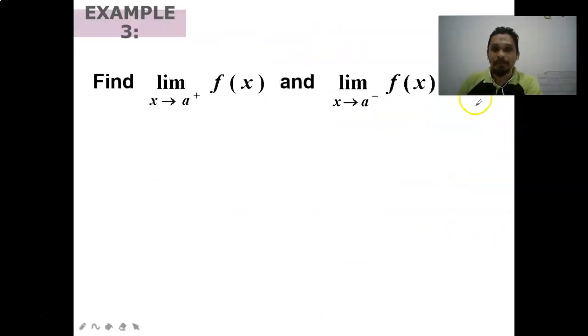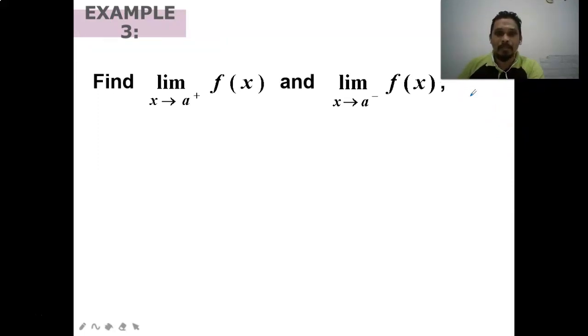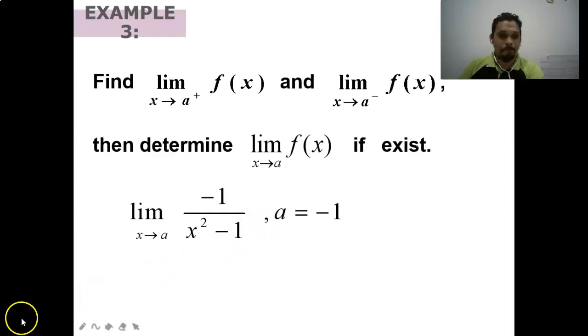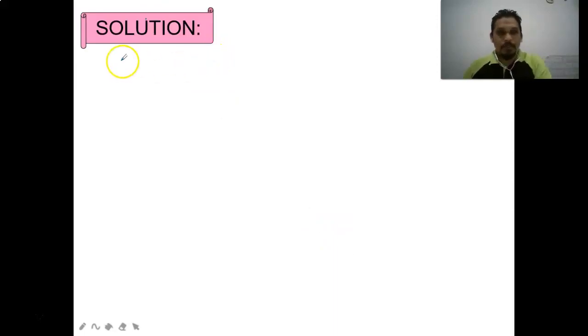Example 3. Determine the limit of f(x) as x approaches a, if it exists. So let's continue. The limit as x approaches a of the function negative 1 divided by x squared minus 1.